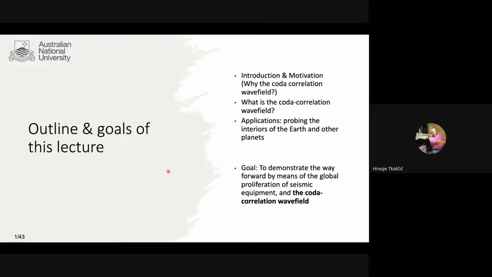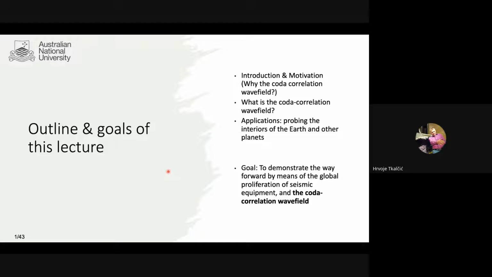So I divided my talk in three parts. The first part is about what motivates us to expand our research to the coda-correlation. In the second part, I will introduce coda-correlation wavefield to those of you who might not be familiar with this topic. And then finally, I will show you some exciting applications of this coda-correlation.